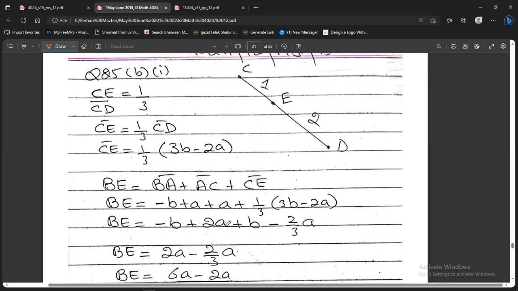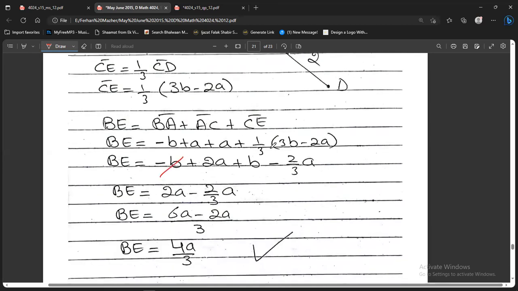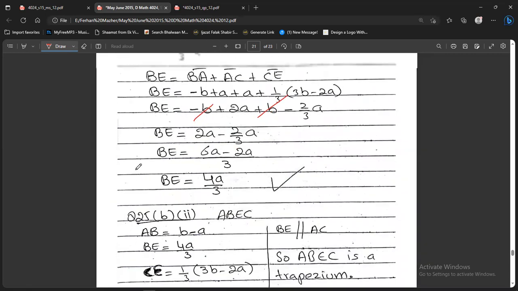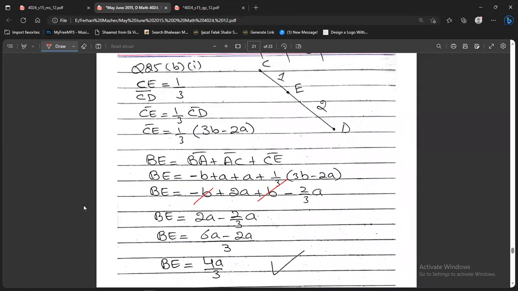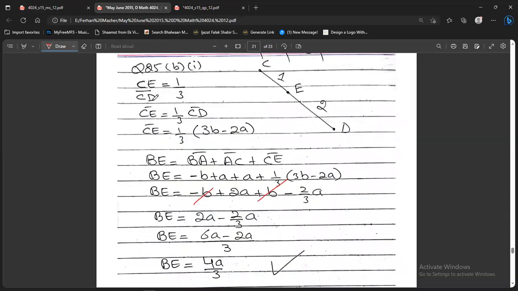So it will be minus B plus 2A plus, when you open this bracket, it will become B minus 2A by 3. And this will be gone. So 2A minus 2 by 3 of A, and it will become 6A minus 2A, the whole thing divided by 3. So it will be 4A by 3. So BE will be 4A by 3. 4A by 3 is the right answer. So this is the solution of that whole thing.